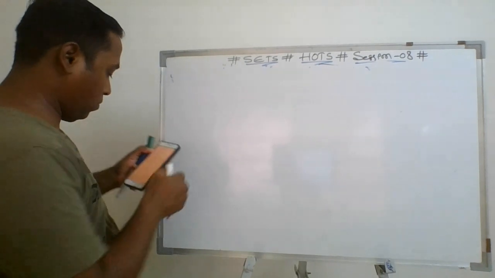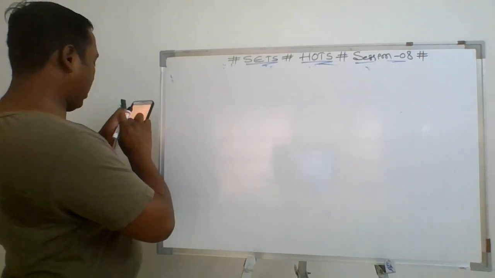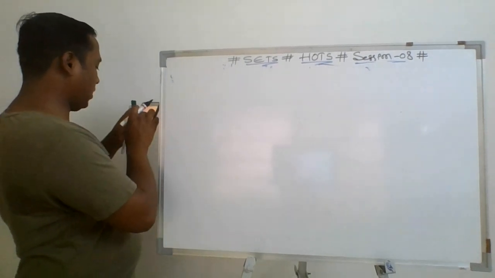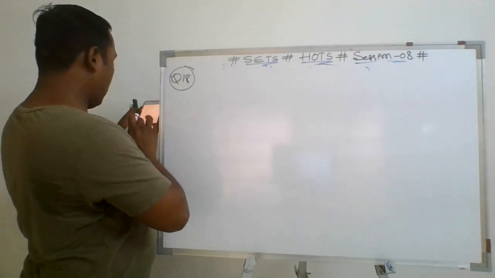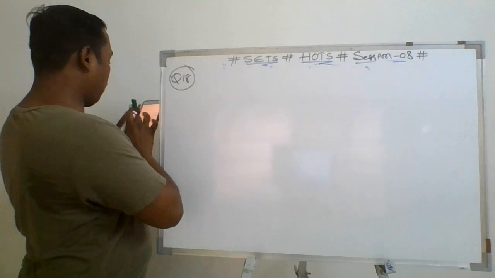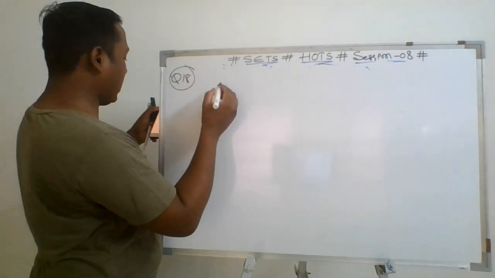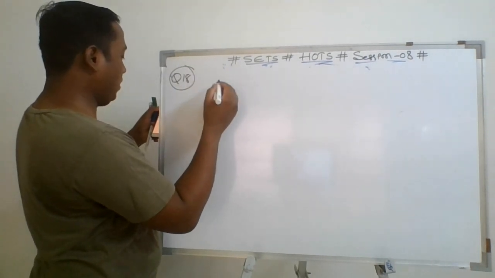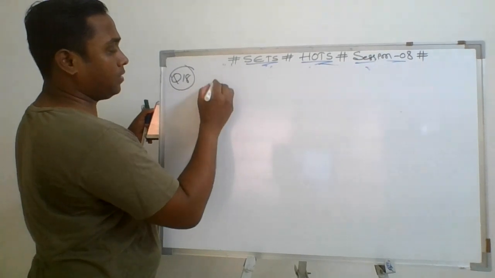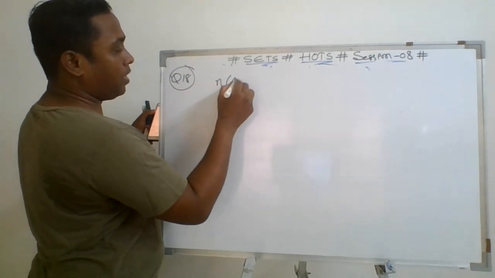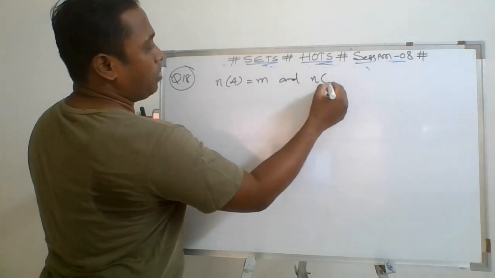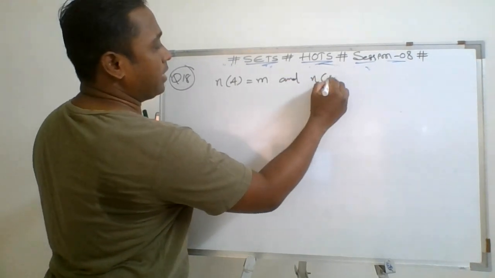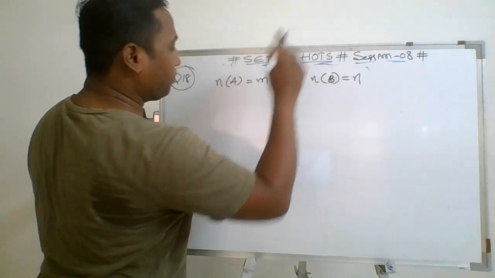I am now taking the question where you required my assistance. See, question number 18 is being discussed. In question number 18, there are two finite sets having m elements and n elements. That is, the number of elements of A is m and the number of elements of B is n.